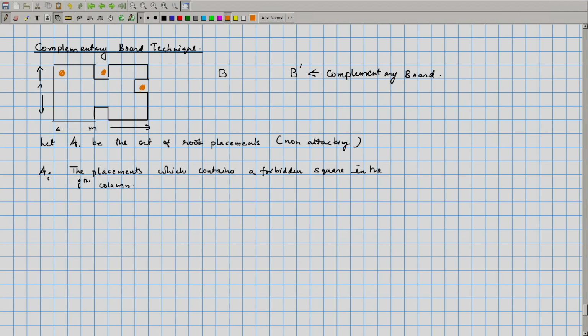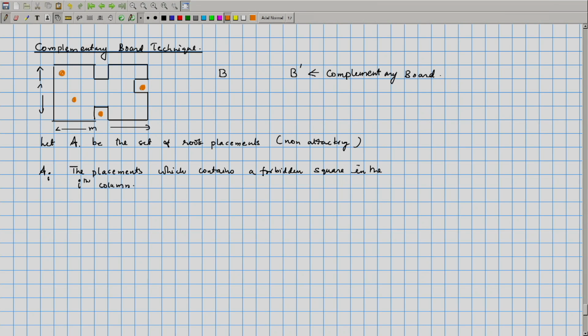This will be a Rook placement, but it is not a placement which we want to include in our counting, because there are 2 rooks in forbidden positions.